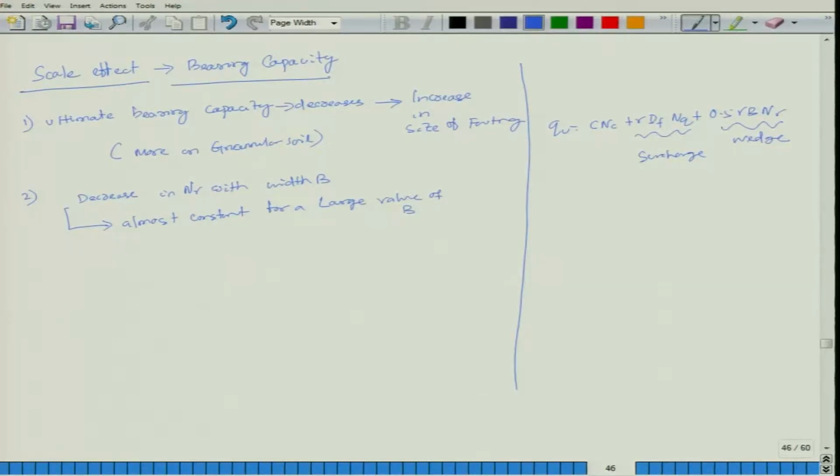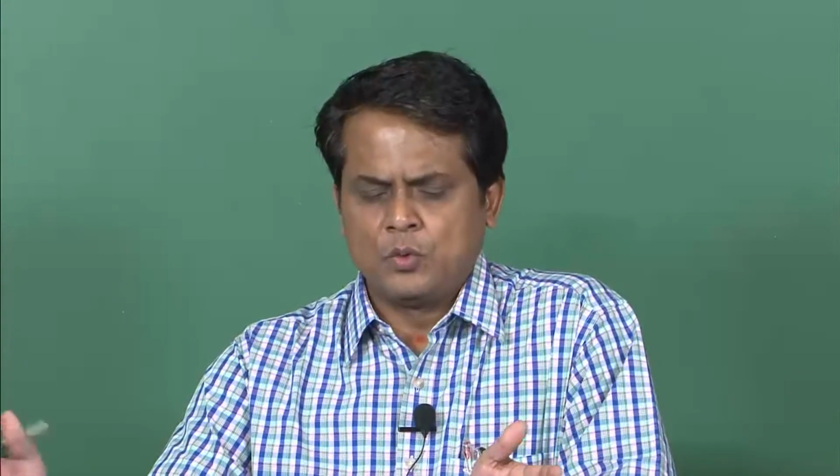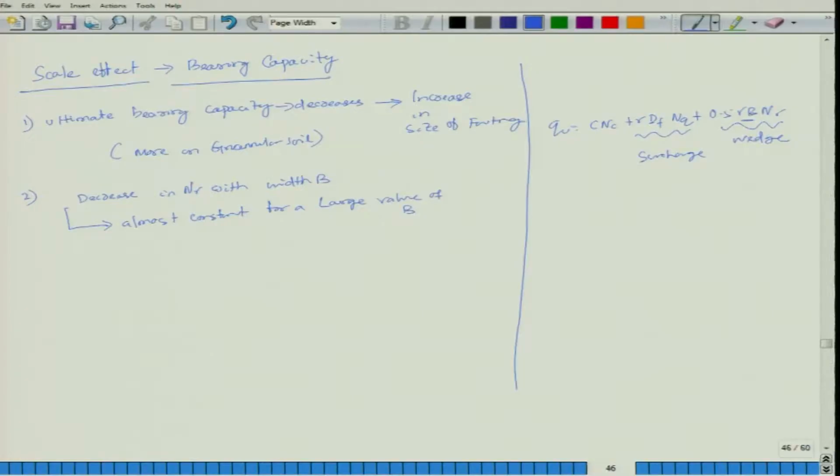If everything is constant, same soil, as I increase the width of the foundation B, what will happen? My bearing capacity would be increasing. It is not true. Look here, there is a decrease in N gamma with width B, that means with increase in width B.